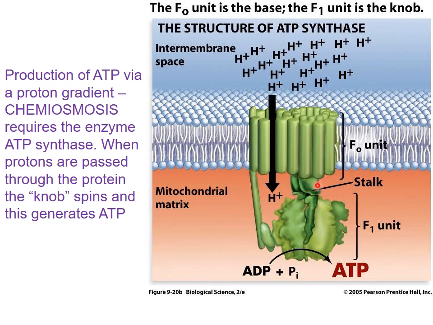The protons are pumped across the membrane, and this whole process is called chemiosmosis because it requires the enzyme ATP synthase, which is down here in the diagram. When the protons are passed through the membrane, it spins this knob over here, which allows the ADP and the inorganic phosphate to combine to form ATP.